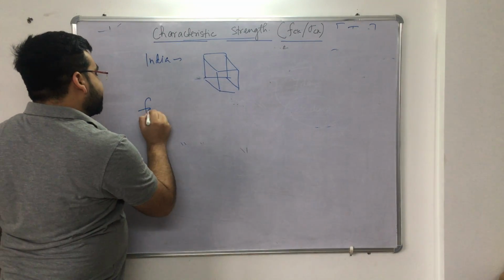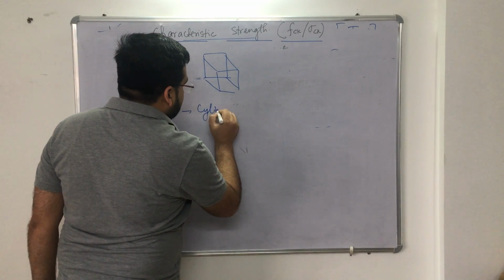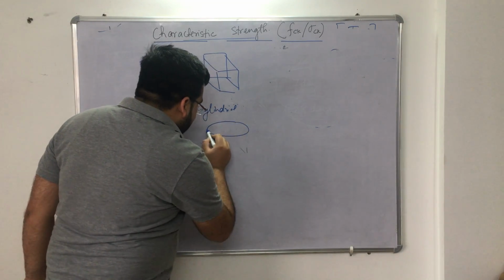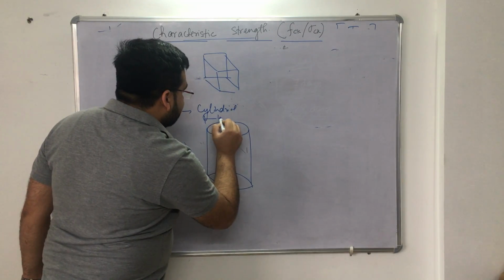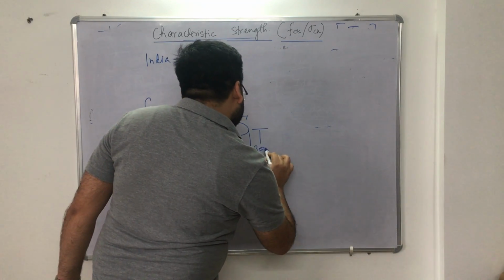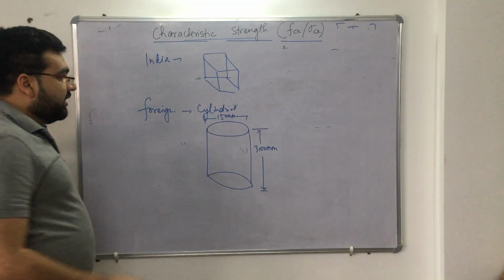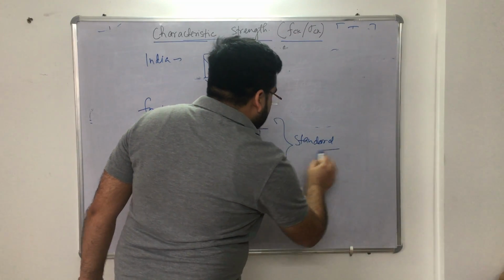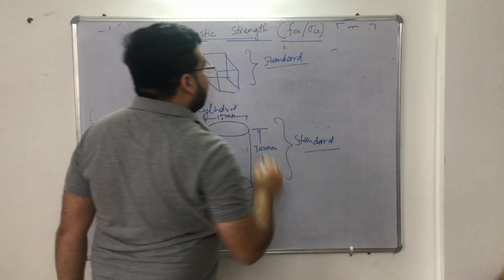But in foreign countries, we have a cylindrical specimen, and the size of the cylindrical specimen is: the diameter is 150 mm and the length is 300 mm. This is the standard. And this also is standard for India as per the IS rule.